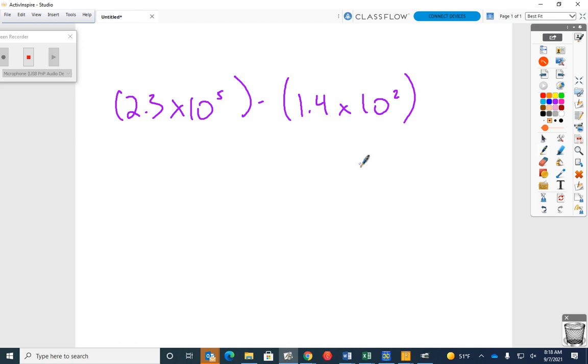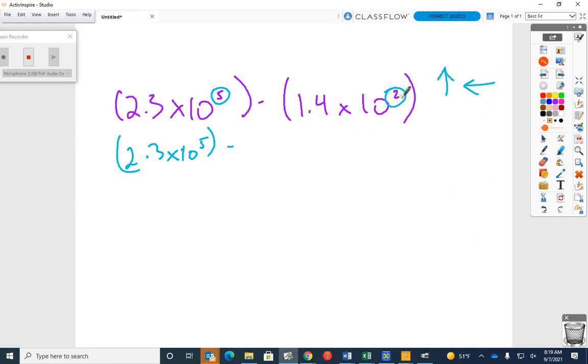So Jackson, in order to subtract these, what has to be the same? The exponents have to be the same, right? Because this is not multiplication or division. So let's take this 2 and move it up to 5. This one stays the same, 2.3 times 10 to the fifth, minus, now this 2, if I'm going to go up, my decimal has to go this way, right?